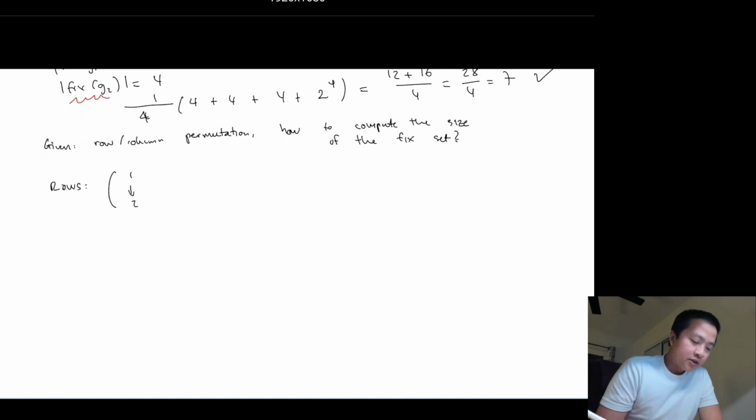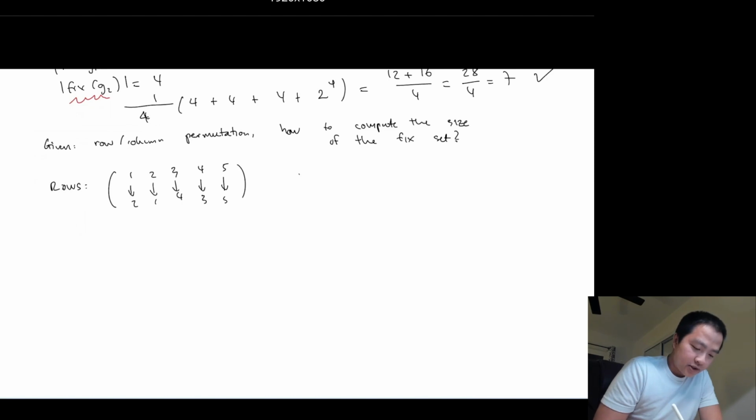Let's say we have the following permutation: row 1 to 2, 2 to 1, 3 to 4, 4 to 3, and 5 to 5.